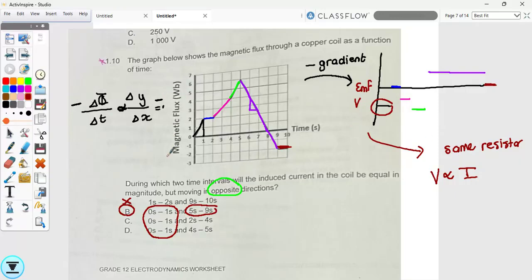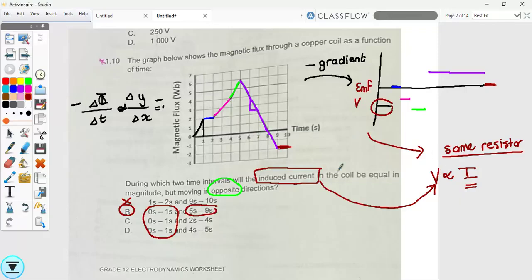So the gradient of the flux graph will always give you the EMF graph. And if it's the same resistor, it will look the same as the current. So this question was asking about the induced current, which is going to look the same as the voltage. Doesn't have to have the same value.